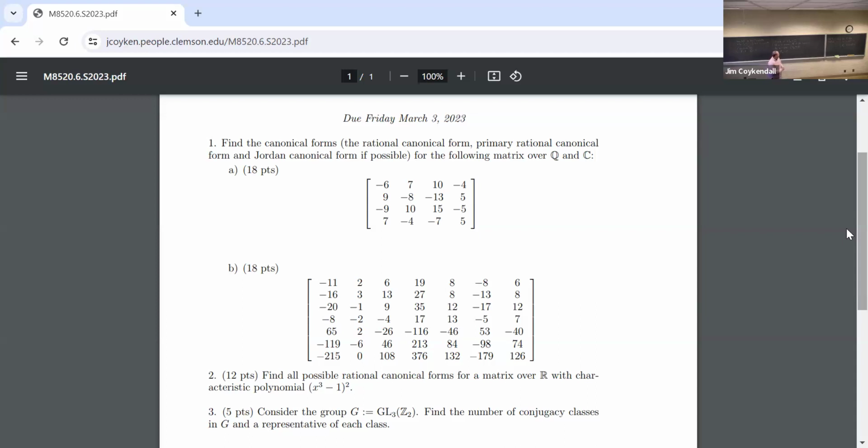So speaking of extensions, we get the following definition. Definition: a field K is an extension field of F if F is in K. Simple as that.